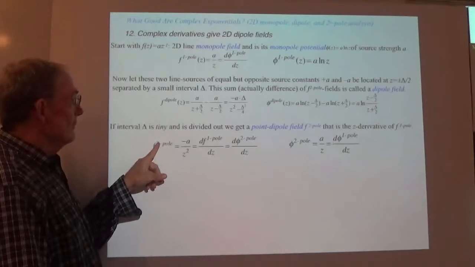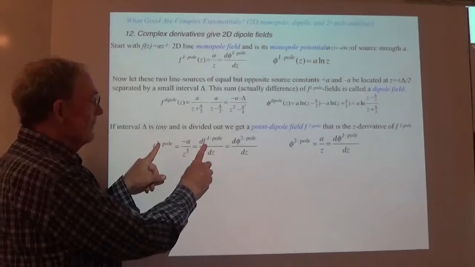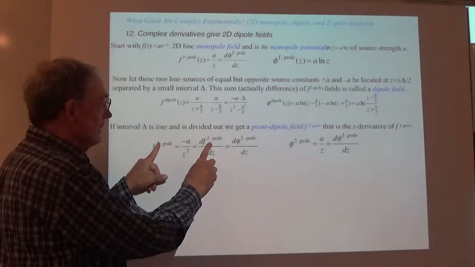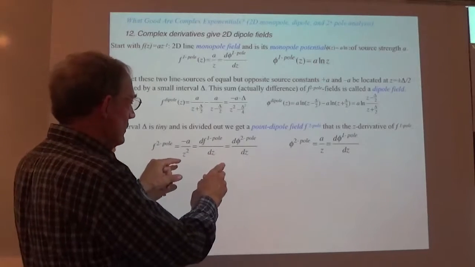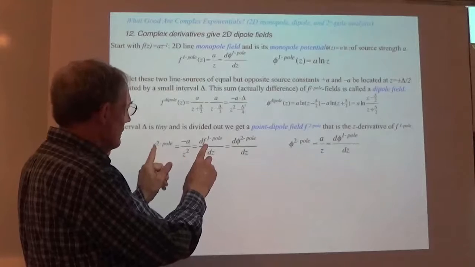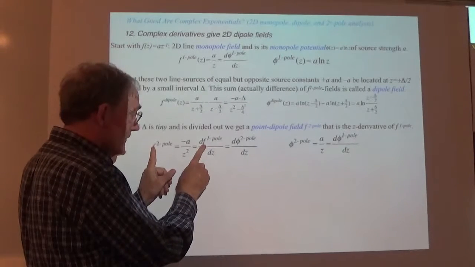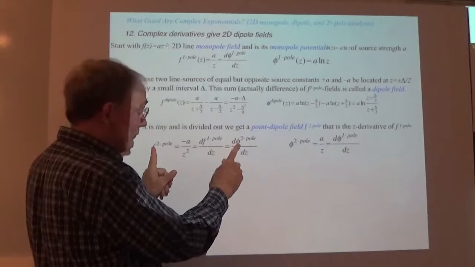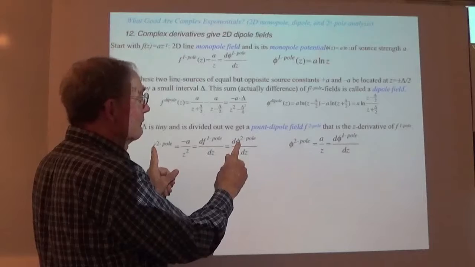What's that called? Well, that's a quadrupole. And the idea of that being simply that this force here is either the derivative of the monopole field, or it's the second derivative of the scalar potential of the quadrupole.